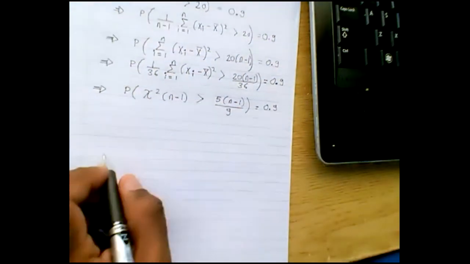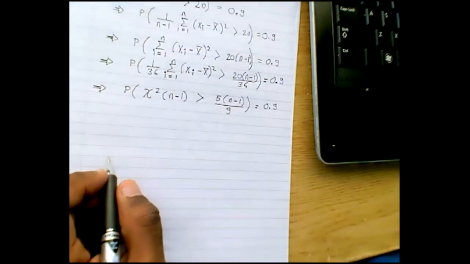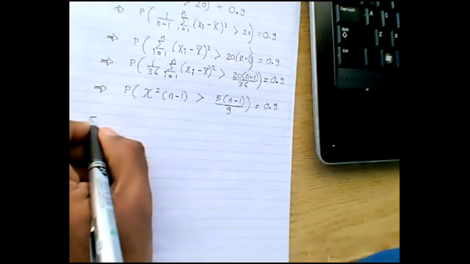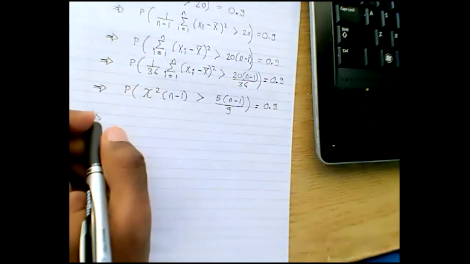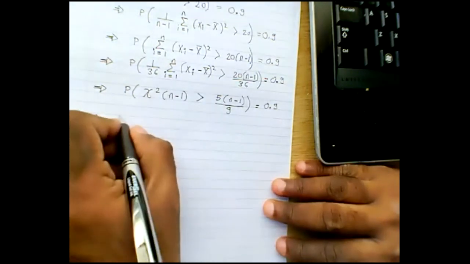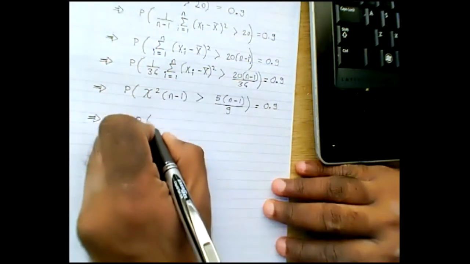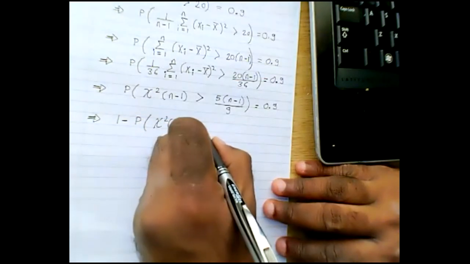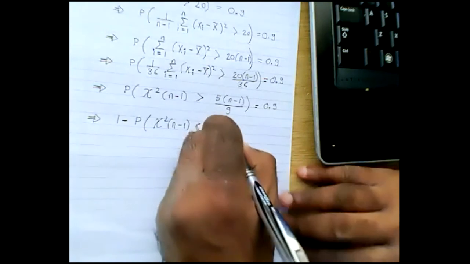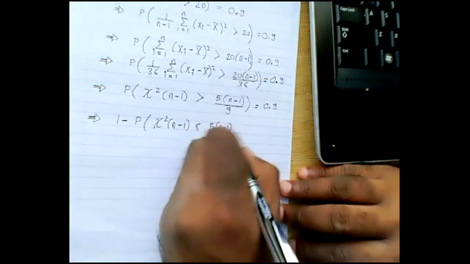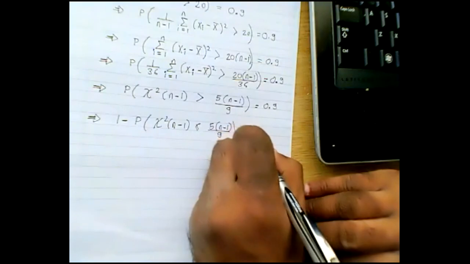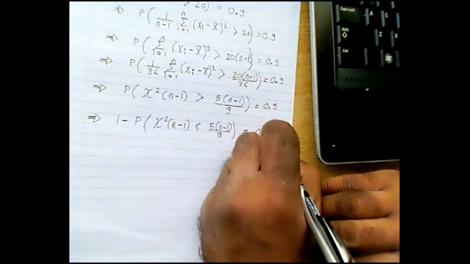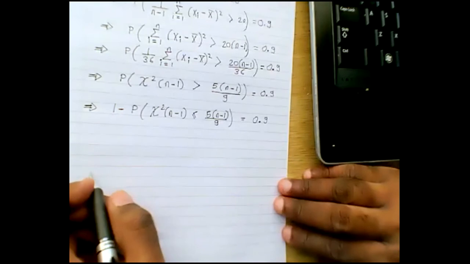Okay. Are you with me, guys, so far? Okay. All right. Now, next, I'm going to write this as 1 minus the probability that the chi-squared variable is less than or equal to this, right?